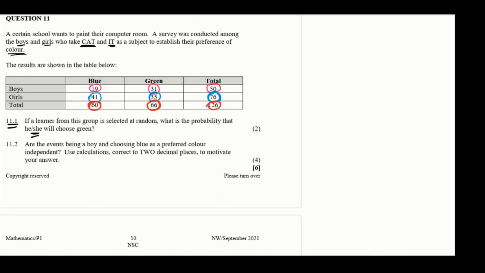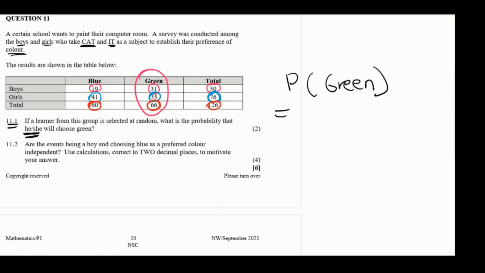Here we're just going to look at the color green because we are including both boys and girls, right? So we're going to say the probability of green, looking at the diagram. This is green, right?